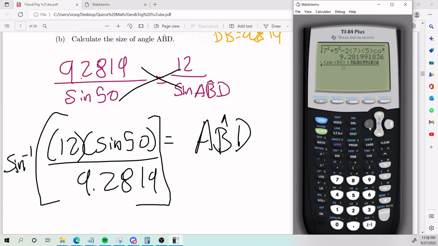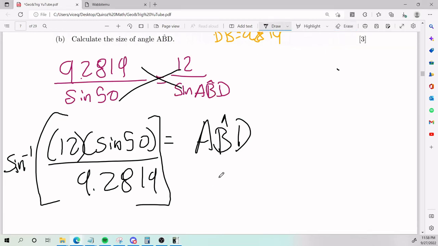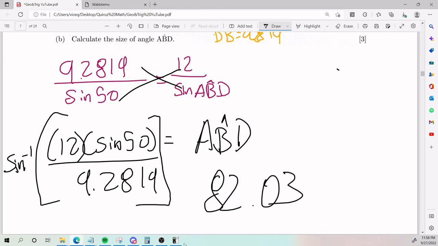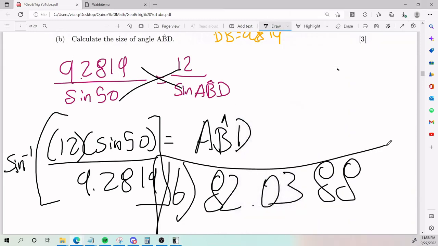Whoops, that was a mistake. I thought I could plug it in directly. Apparently I cannot, or maybe there's a way, but I don't know. Doesn't matter. Equals 82, ¿cierto? So my angle is going to be 82.0388. So that is for part B, angle ABD.